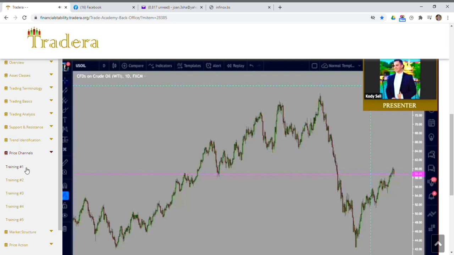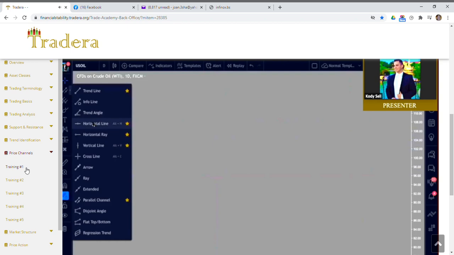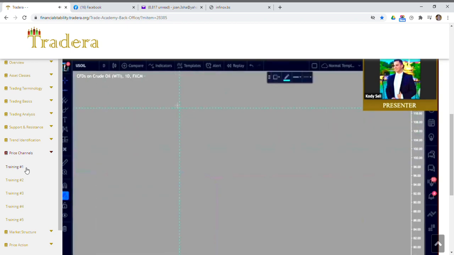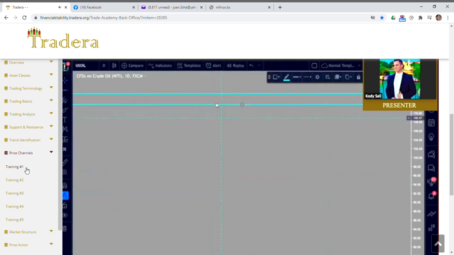So let's hop out of the markets for a second. Before we talk about channels, let's talk a little bit conceptually about what makes up a channel. You should have already learned this in the education platform, but there are resistances in the market, and then there are supports in the market.